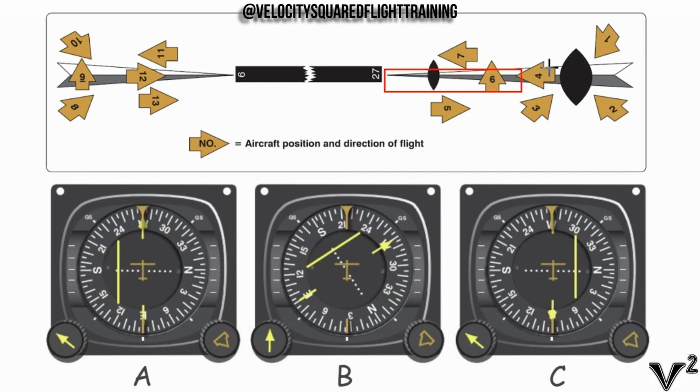You'll notice that the shaded area right here is on the left, which would usually indicate a back course, usually. But this diagram is printed wrong on the computer testing supplement. That's why I chose to use it here so I could show you guys.